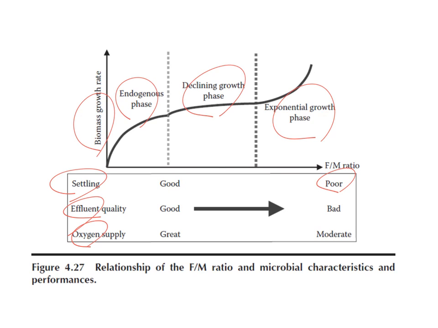And one thing I have to correct here: if we have a small F/M ratio, we have the endogenous phase, which means biomass decreases, and if we have a high F/M ratio, we have exponential growth, which means the biomass increases rapidly with time.